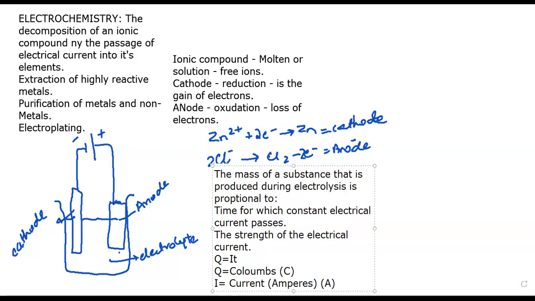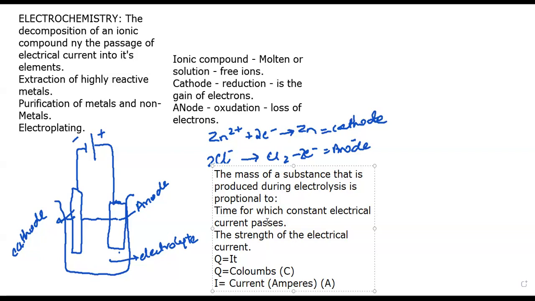So our charge is proportional to the mass of substance that is going to be produced at an electrode or removed from an electrode.